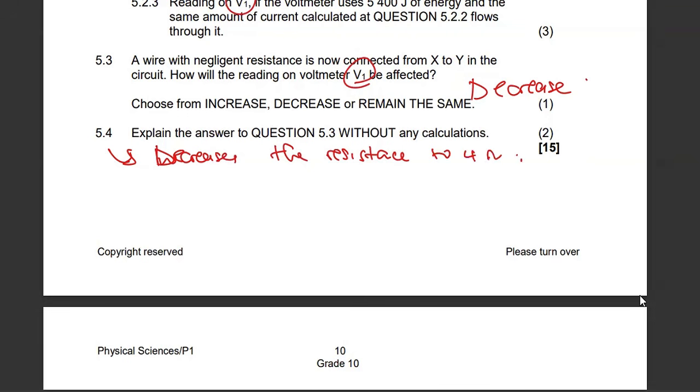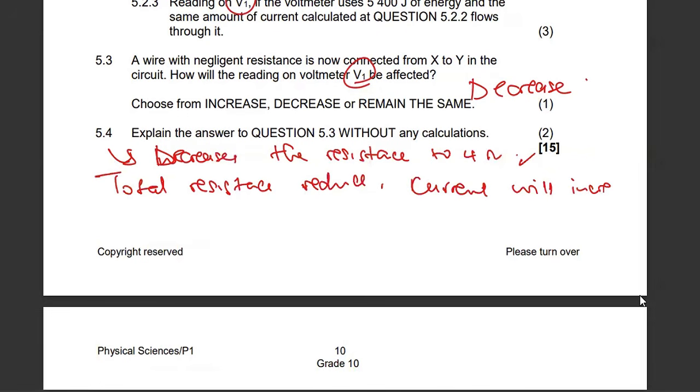If that is the case, it simply means that the total resistance will decrease. And if resistance decreases, the current will increase, and then the potential difference will decrease. So that is how question 5 would have been approached.